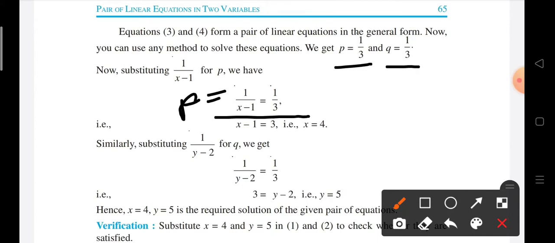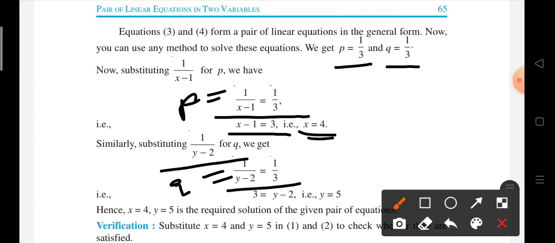Now when we solve this, we get x minus 1 is equal to 3, so x is equal to 4. Similarly, q is related to y as 1 upon y minus 2, so 1 upon y minus 2 is equal to 1 upon 3, so 3 is equal to y minus 2, or y is equal to 5.